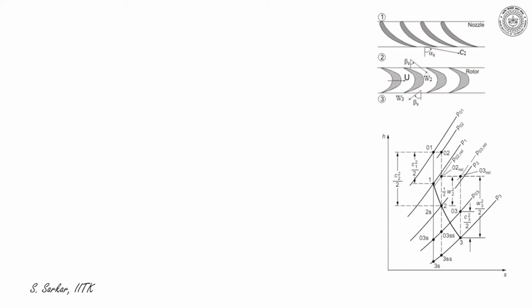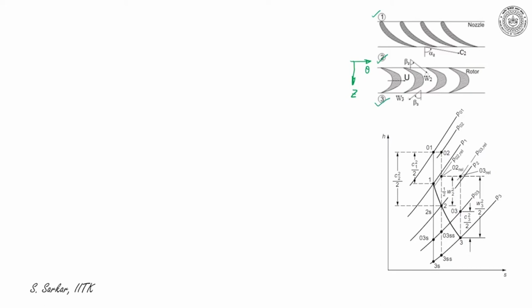Let me take Z be the axial direction and theta be the tangential direction. The gas state at inlet to the nozzle is indicated by 1, exit to the nozzle is indicated by 2, and exit to the stage is denoted by 3.